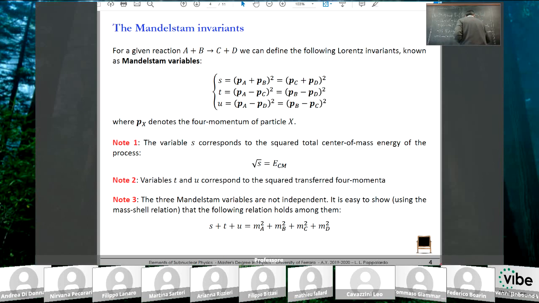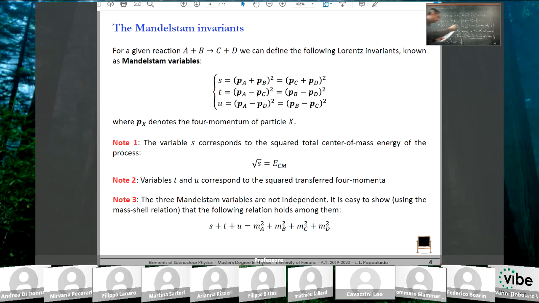So plus 2 mA mB plus 2 mB KA. And now you recognize that this is just a square of the sum, so this is nothing less than (mA plus mB) squared plus twice mB KA.